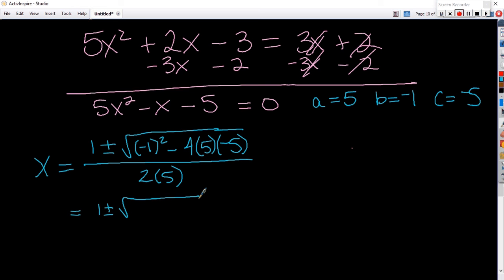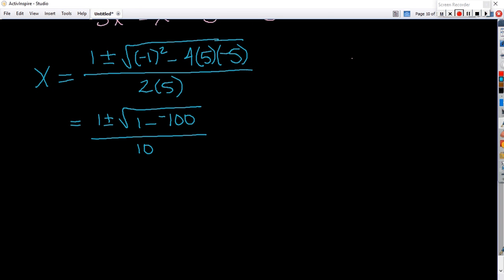We will do i's if we end up with a negative under the square root, but first we're just going to simplify under. 1 minus 4 times 5 is 20, and 20 times negative 5 is negative 100. So now we combine it with that 1 in front. We change all that to plus, and we are at 101.